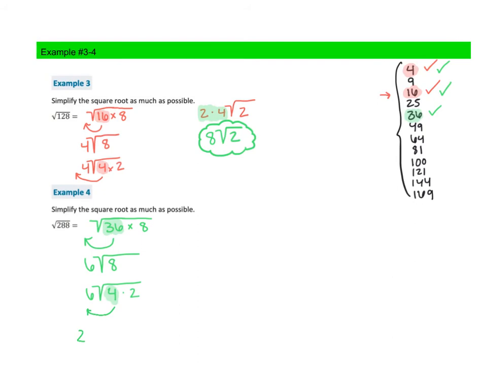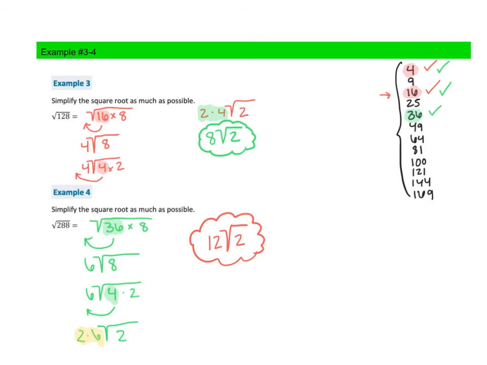So I have a 2 and a 6 on the outside now, and a 2 on the inside. I can't break it down anymore on the inside of my radical, but on the outside, I'm going to multiply these two numbers together. My final answer is 12 on the outside, root 2. So the square root of 288 simplified is 12 root 2.